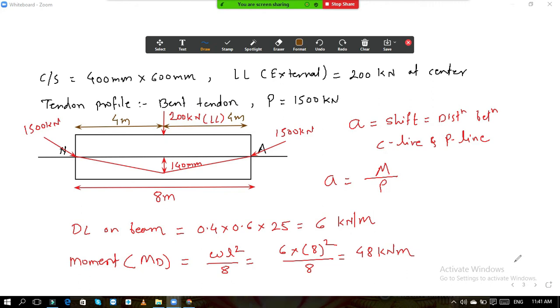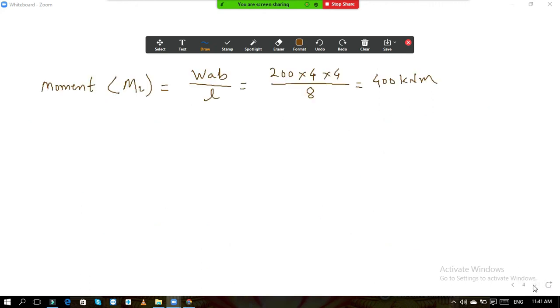There is no other third load. So I will calculate the total moment. Total moment M is equal to 48 plus 400. So it is 448 kilonewton meter. This is the total moment.